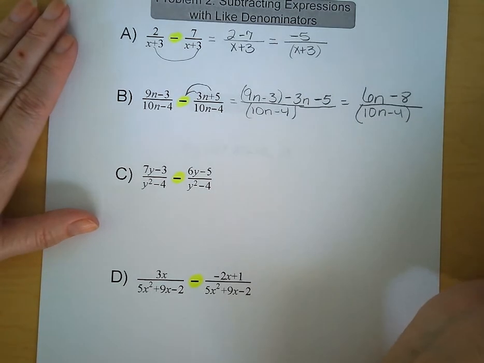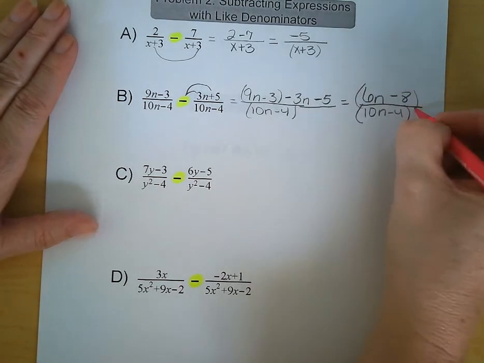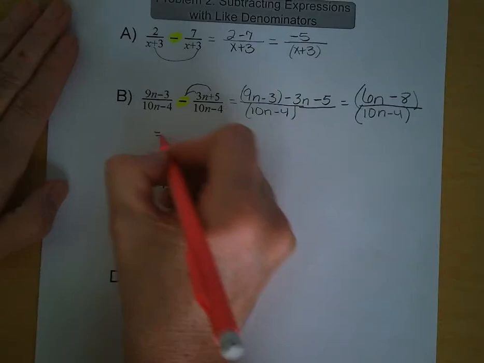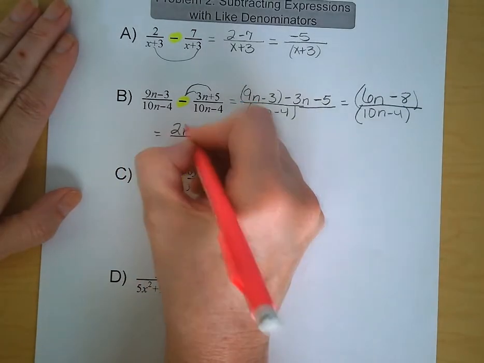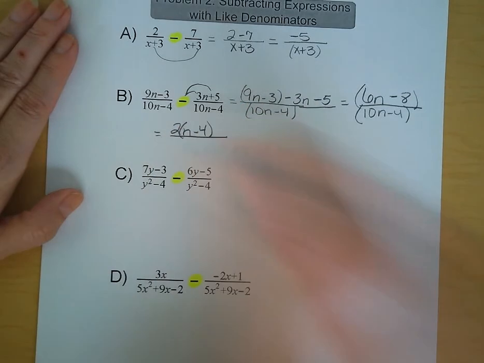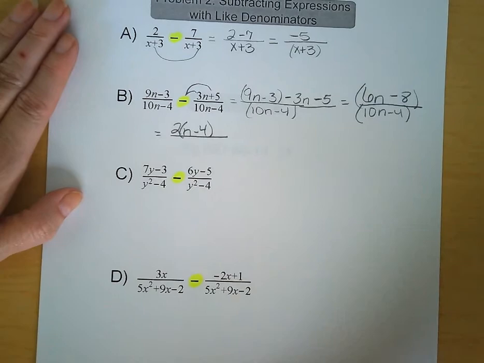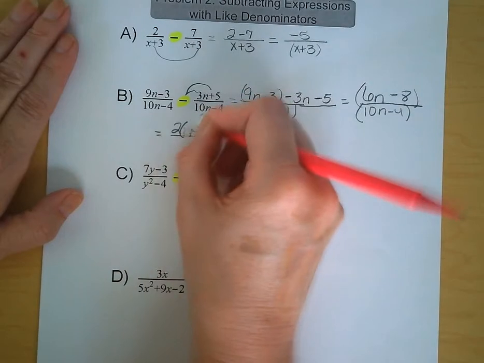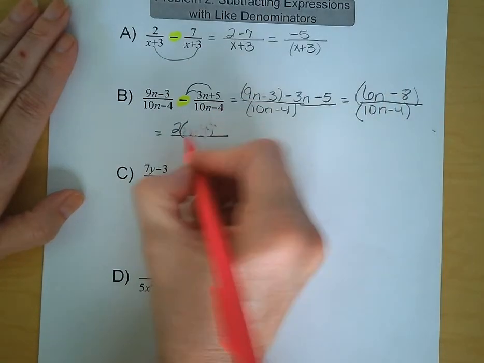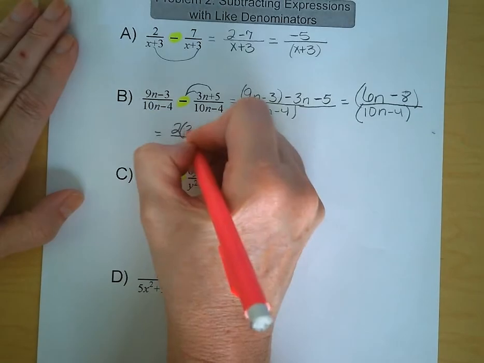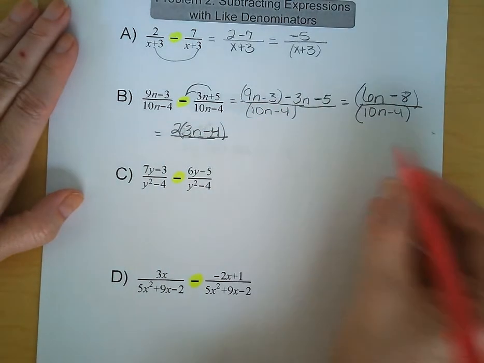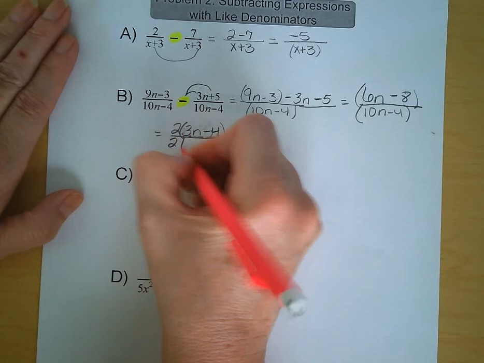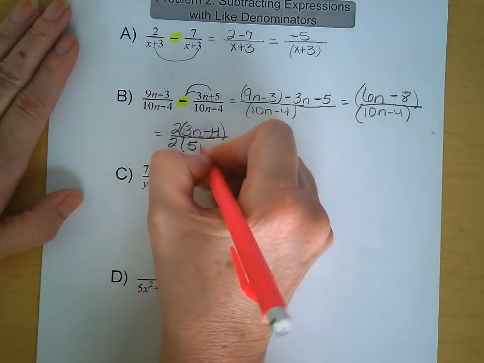Hey, look, it looks like we can factor something out of those. The numerator has the greatest common factor of 2, and we're left with 3n minus 4. And the denominator has a common factor of 2, which will leave us with 5n minus 2.